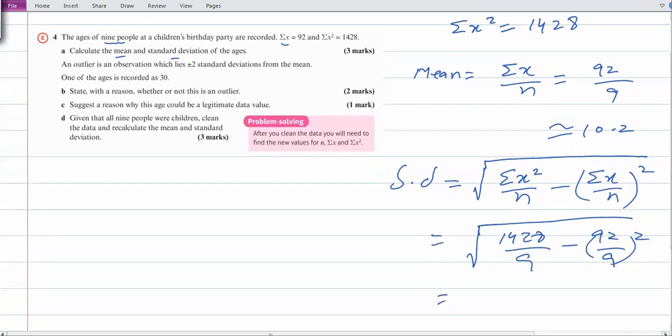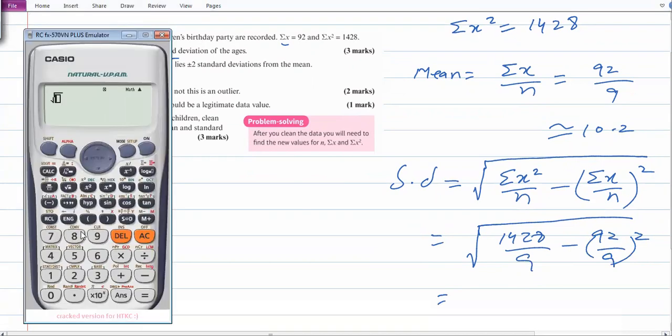So let's calculate that one. 1428 divided by 9 minus 92 over 9 squared, and the square root gives 7.36.